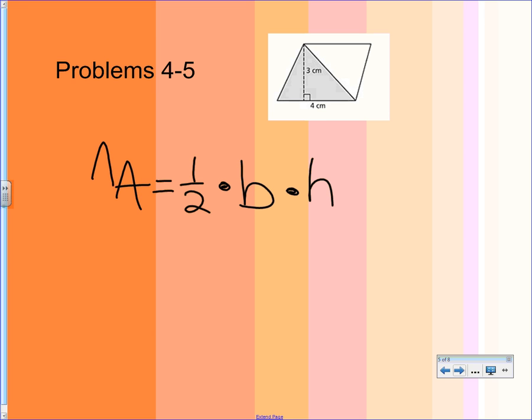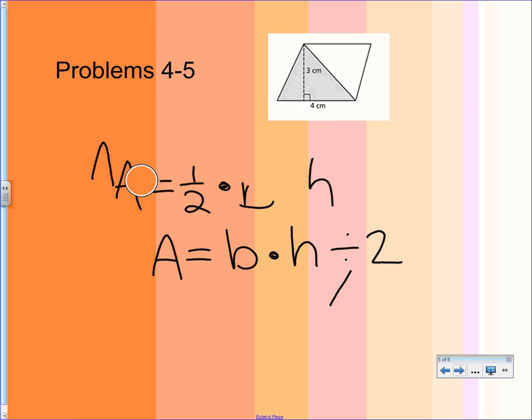Okay. You'll also see it written this way. Area equals base times height, and then divided by 2. Sometimes you'll see the division symbol like this if we can't make it on the board. So get that written in, and then let's skip down to problems 4 and 5.